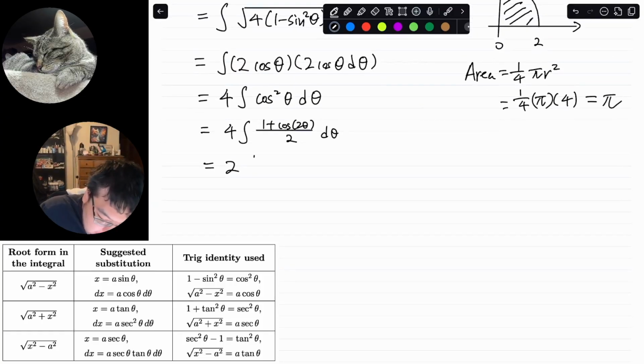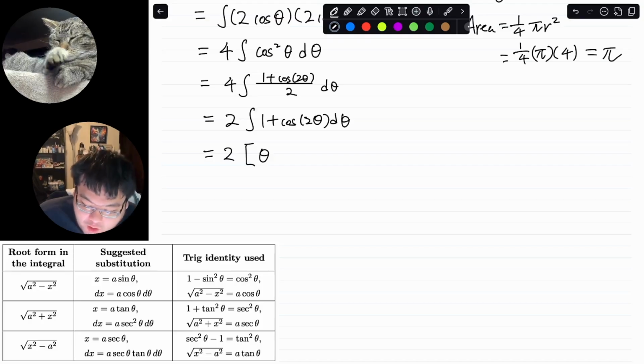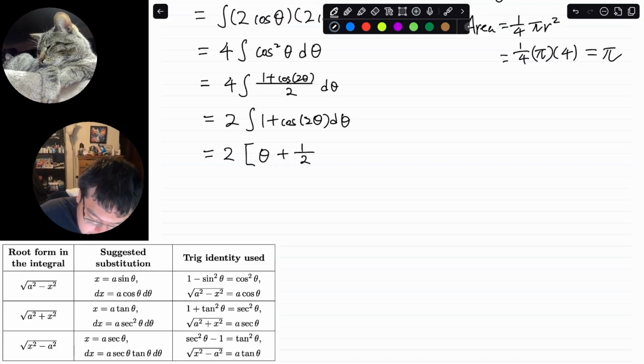So integrate 1 plus cosine 2 theta d theta, which will be the integral of 1 is just theta, right? And then the integral of cosine will be sine, but we need to have the 1/2 because there's 2 theta in it. So 2 times theta plus 1/2 sine of 2 theta.